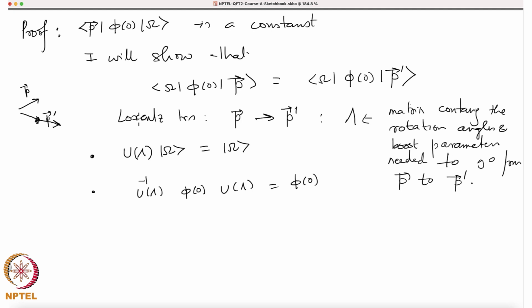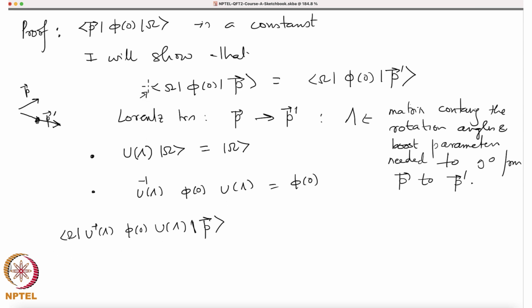We want to look at this object. So omega, and then instead of phi 0, I will write this left hand side because they are the same things.